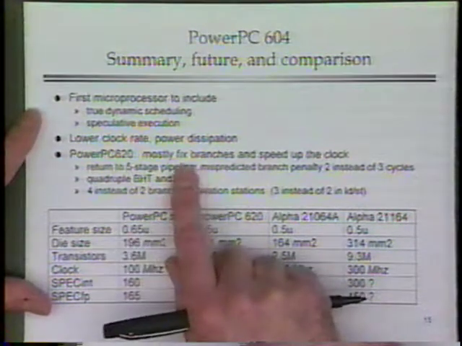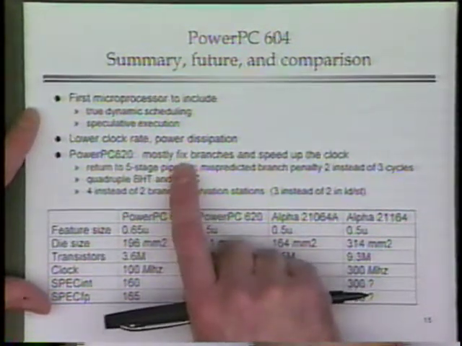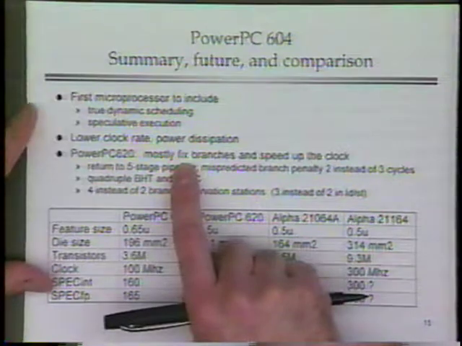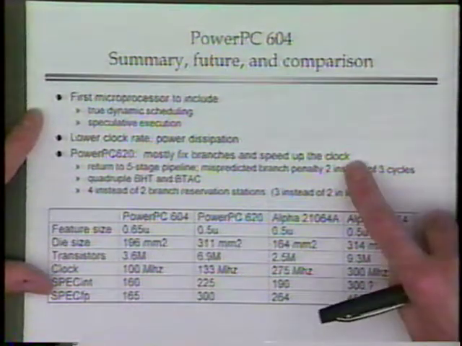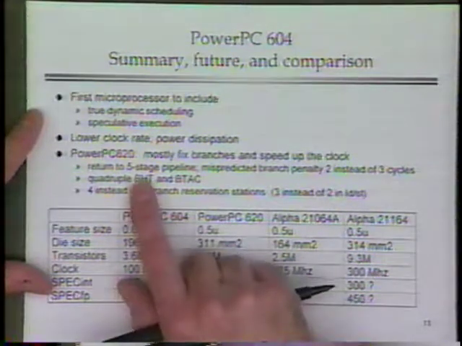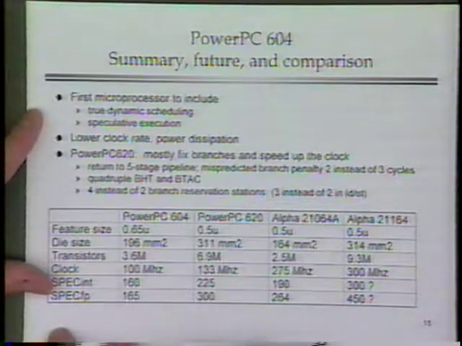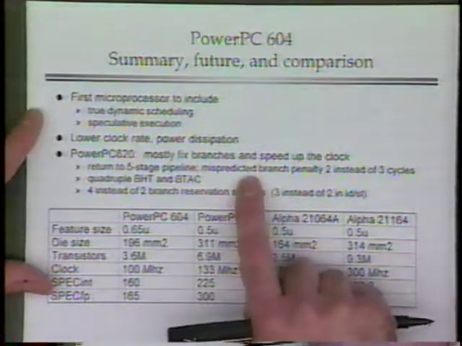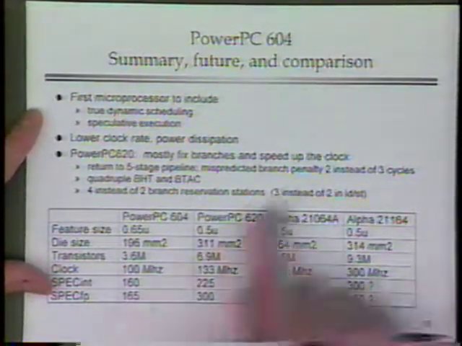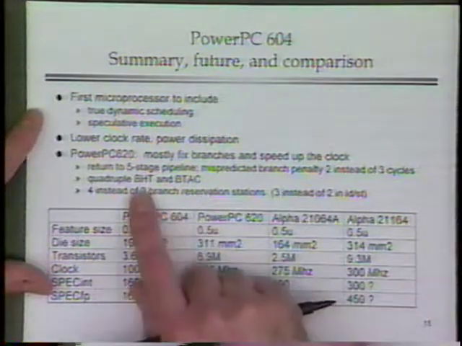In the 620, they've done a lot to fix branches, and that implies that they were broken. They weren't broken. They are doing a lot to make them go even faster. They're trying to speed up the clock. They're going back to a more conventional 5-stage pipeline. So the penalty per mispredicted branch is now 2 cycles instead of 3 cycles.